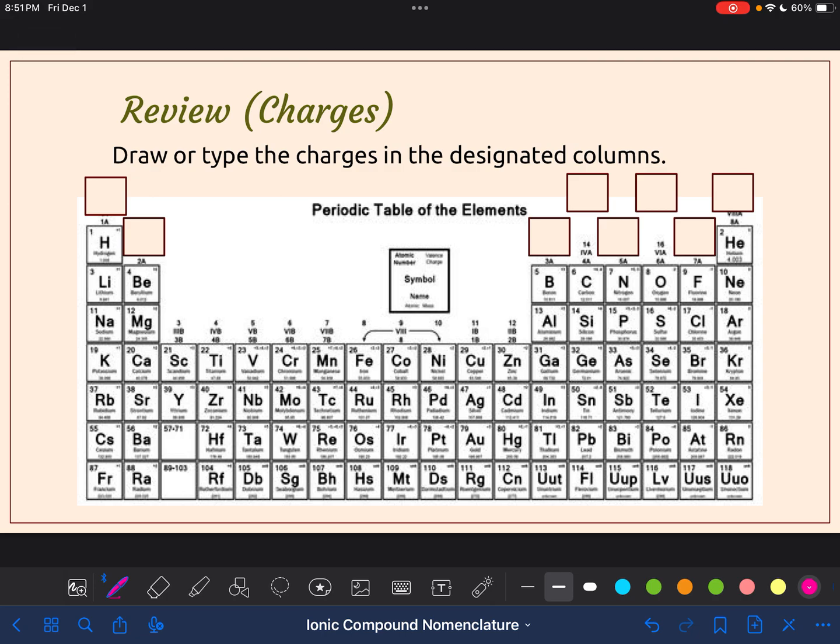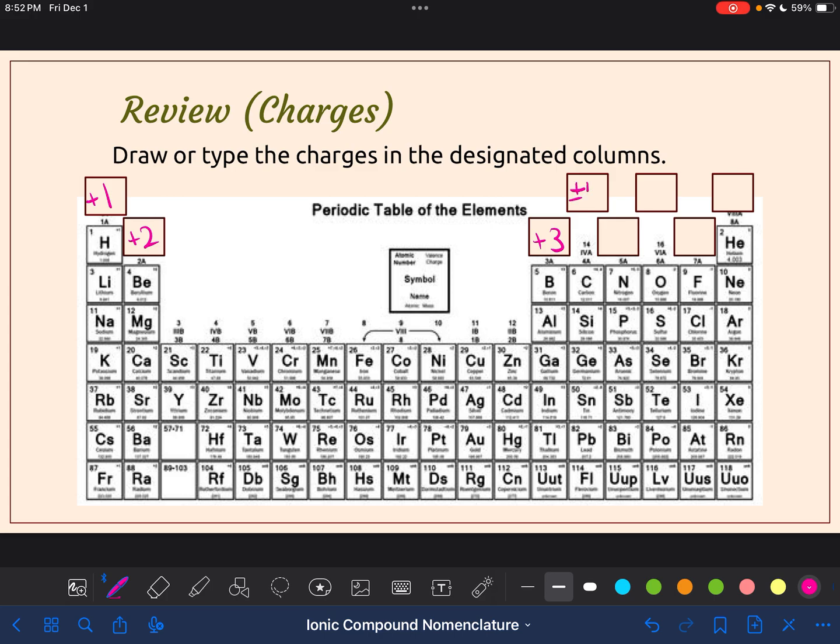Before we start anything in general, we need to know the charges, because not only do we need to know the name of the chemical formula, we also need to figure out the vice versa, figuring out the chemical formula. So, the first column is +1. Second column +2. 13th column +3.